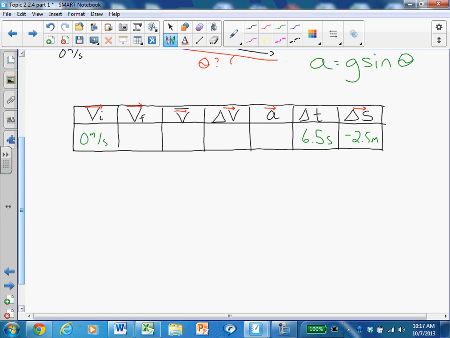We have the equation VF equals VI plus A delta T, but that's not going to work because I don't have A. But we could do the V bar is delta S over delta T. Minus 2.5 meters over 6.5 seconds.